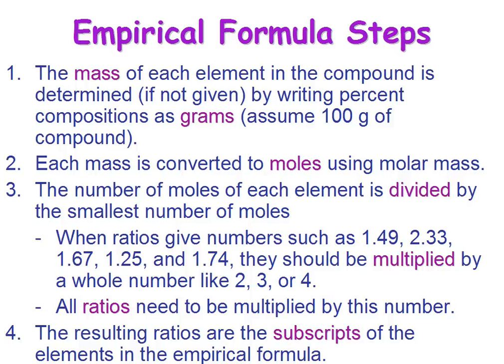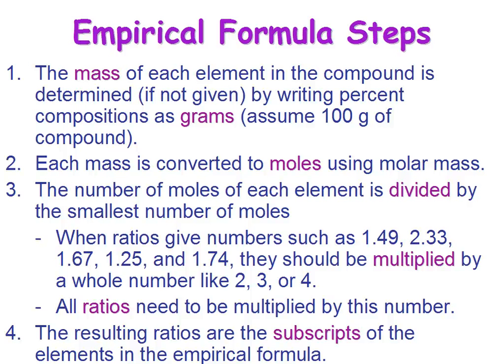Even the mole amounts may not be necessarily whole numbers. Sometimes they're close, but oftentimes they're not, and so we want to set up ratios to get our subscripts to represent integers. And we do that by dividing by the smallest number of moles.